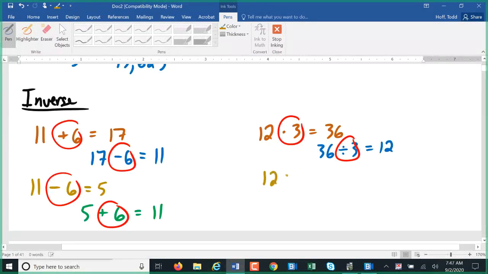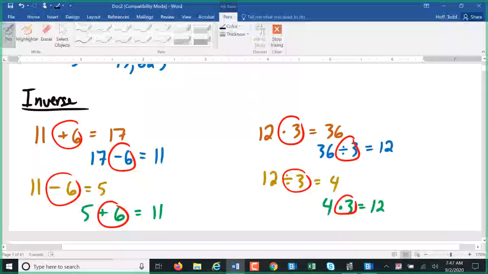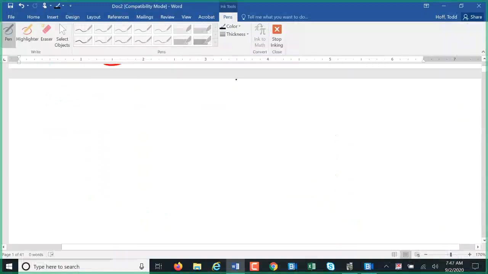If I had started with the 12 and divided by 3 first to get 4, if I wanted to get back to the 12, 4 times 3 gives 12. So again, dividing by 3 and then multiplying by 3 reverse each other. Doesn't matter what order they're done in. Every operation we do in math is reversible.